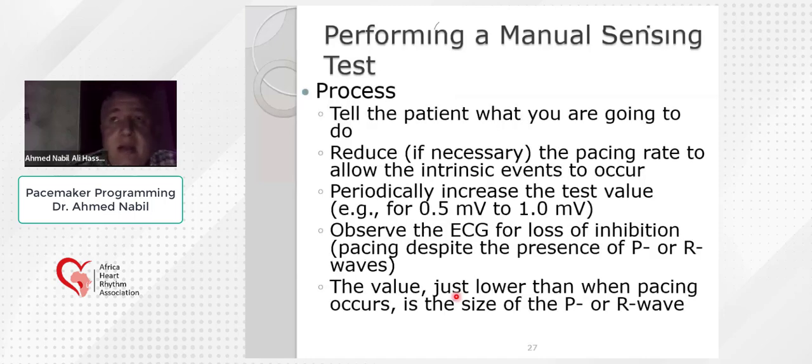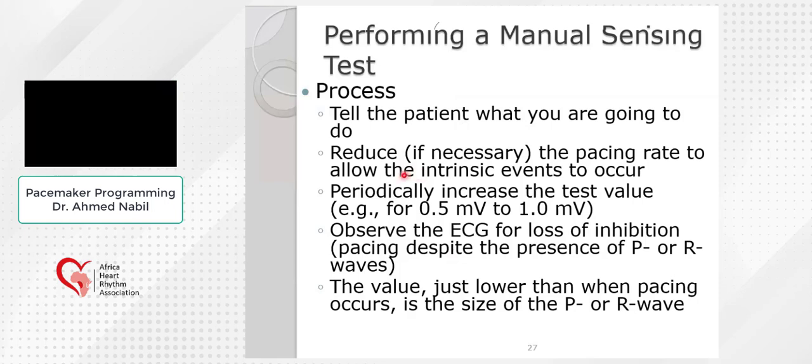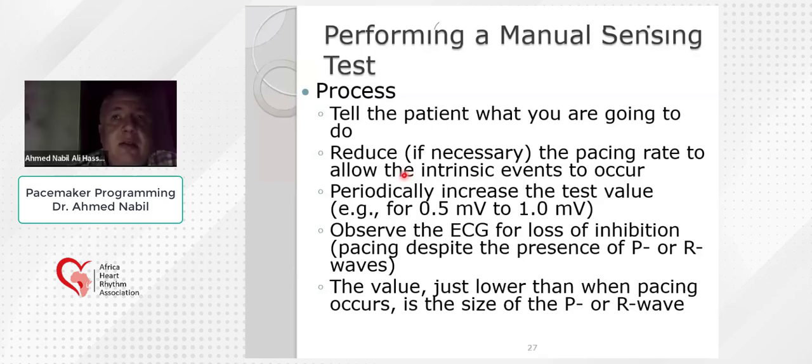How to measure the sensing? Also, I will tell the patient what I'm going to do, but at the time of the sensing test, I will reduce the pacing rate to give the opportunity for the intrinsic event to occur. So I can adjust the pacing at about 30 or 35 beats per minute, because if we have an intrinsic rhythm, I can give it the chance to occur and appear, so that the pacemaker can sense it, and I test the sensing of the device.